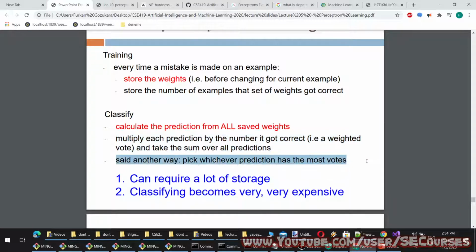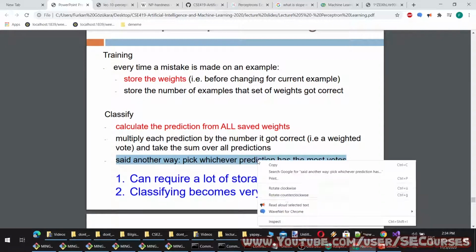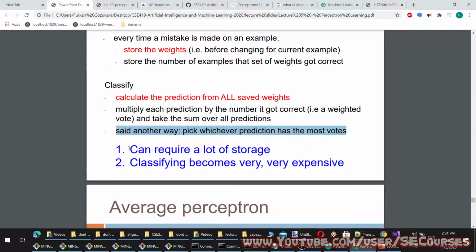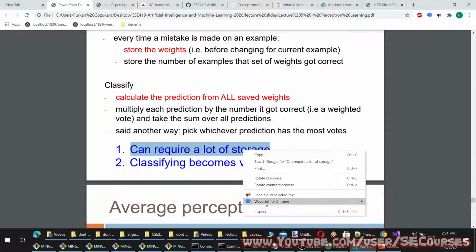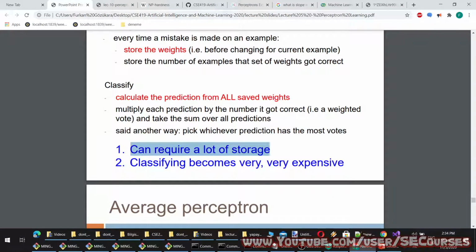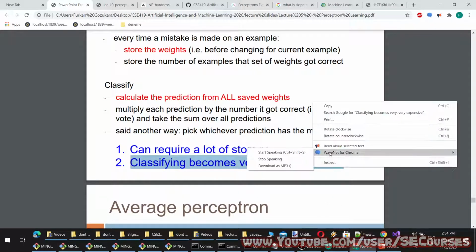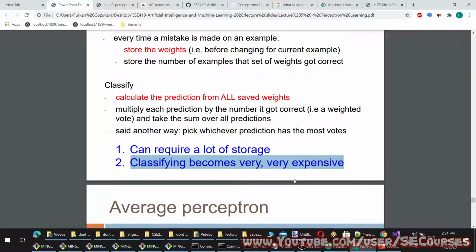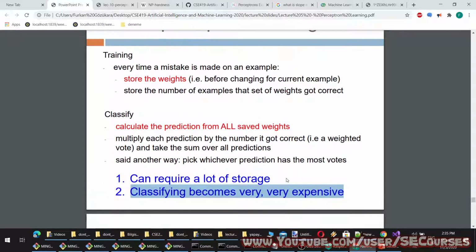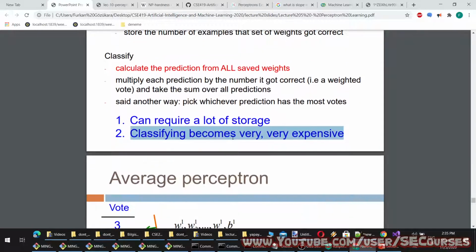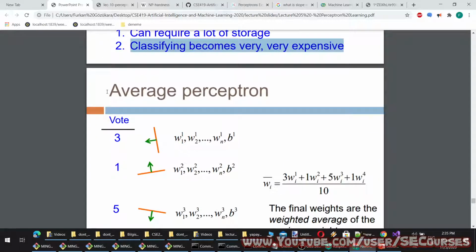Multiply each prediction by the number it got correct, i.e. a weighted vote, and take the sum over all predictions. Said another way, pick whichever prediction has the most votes. Can require a lot of storage. Classifying becomes very, very expensive. So therefore, this is not a preferred method of perceptron algorithm.